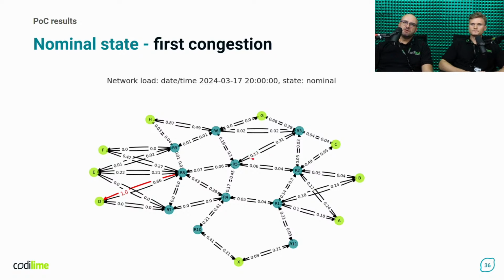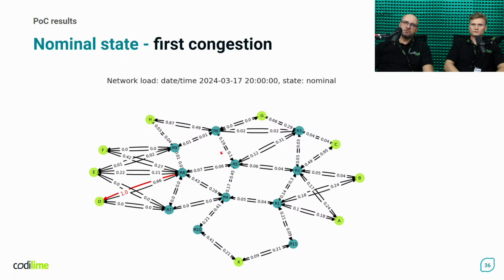Here on the labels we have the rate of the traffic divided by the capacity. So we detected that the first congestion will be in March next year, at 8 p.m. for the nominal state, and such a situation means that the edge from the router R8 to D will be congested because the traffic will be the same as the capacity.